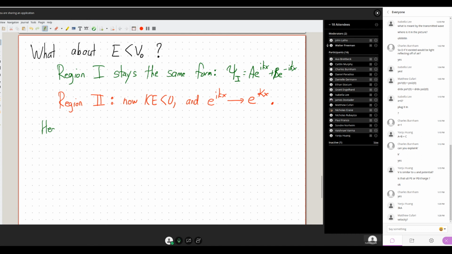So here, k is the wave number in the traveling wave region, but kappa is the imaginary wave number inside the exponentially decaying region. And again, the only reason that we use kappa here is just to make it clear which things are growing and decaying.